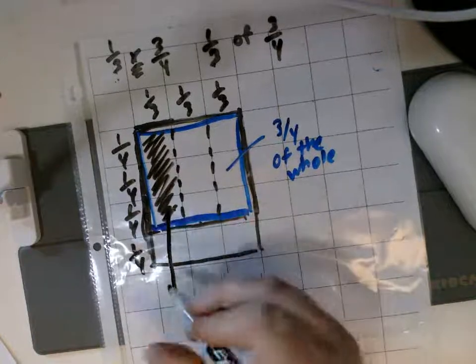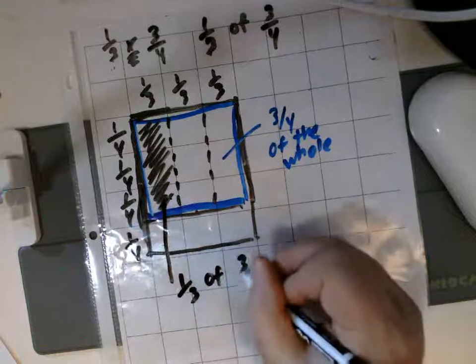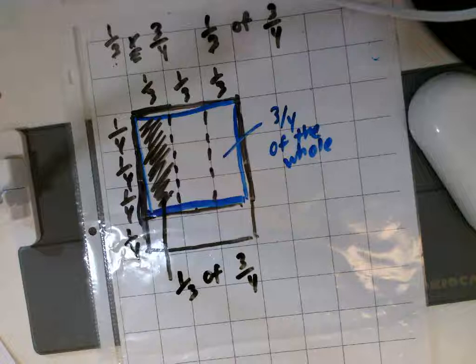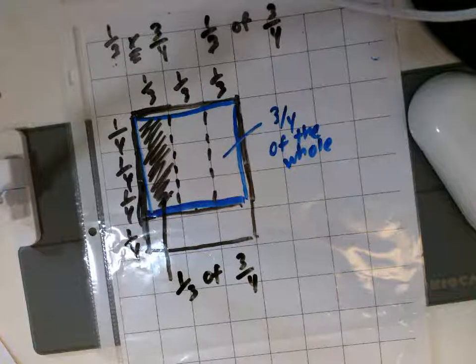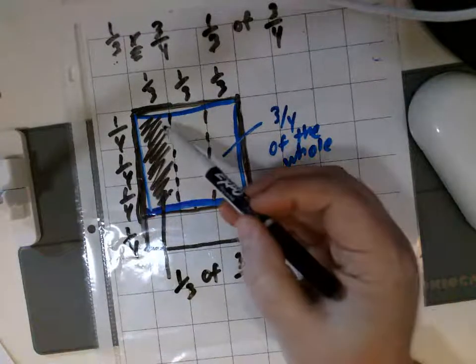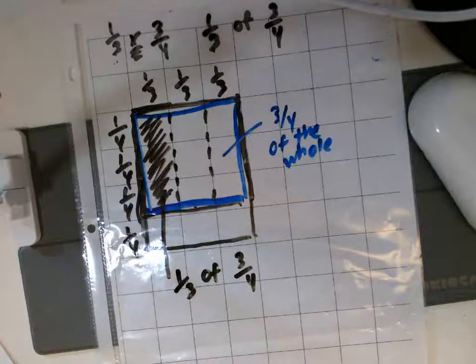It might be helpful to label our answer 1/3 of 3/4. Now we know what 1/3 of 3/4 looks like.